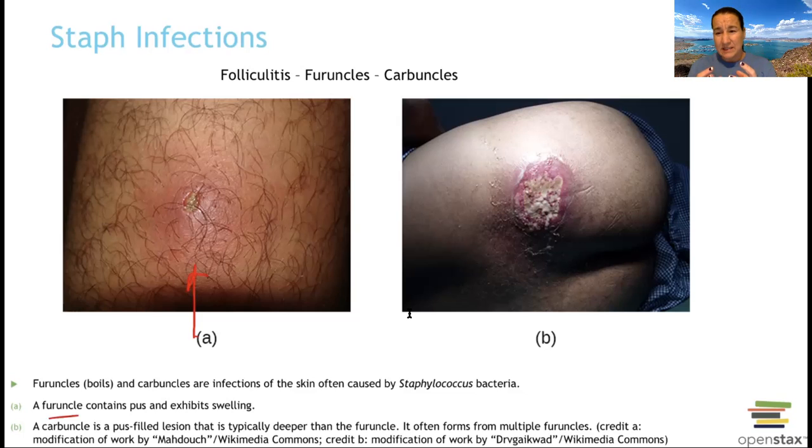This big nasty group of furuncles is going to turn into a carbuncle, and those are just like the furuncles. They are pus filled, but it's usually deeper. It's just a deeper, bigger wound when all of these things get combined together. So that is this one. This is the furuncle, and this is the carbuncle over here, to show you those infections and those pictures.